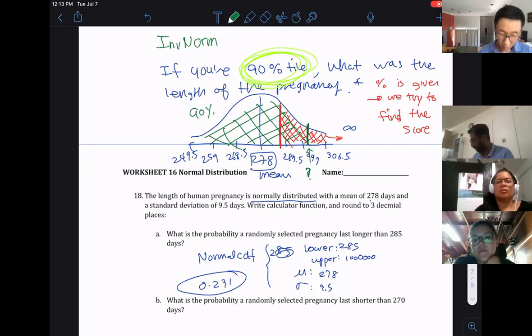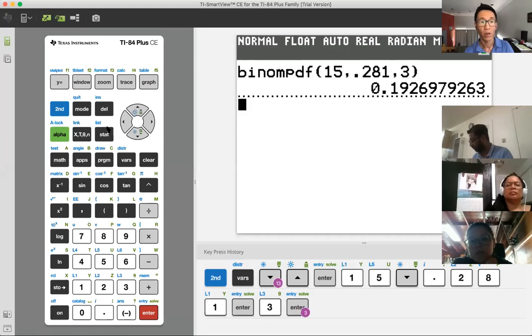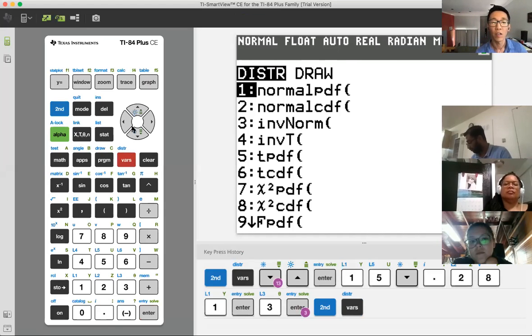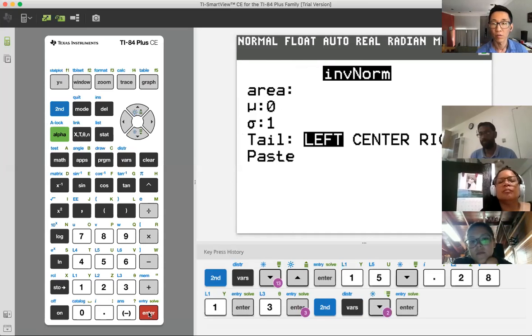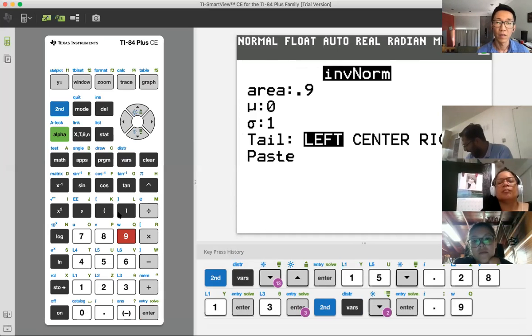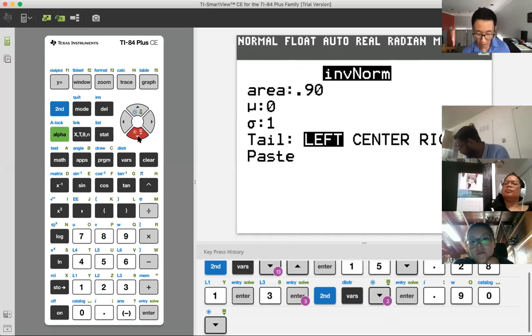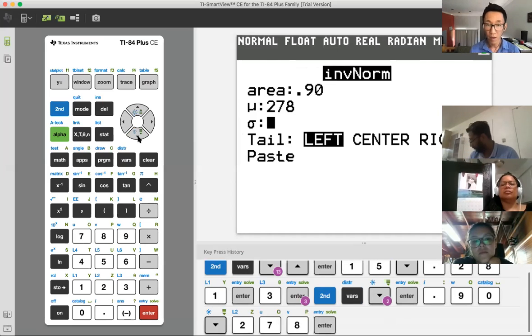So for inv norm, you have to switch the percent to 0.90. I'm going to go to second distribute, inv norm. Area should be 0.9, which is 90%. The mean, the average, was 278, and the standard deviation was 9.5 days.